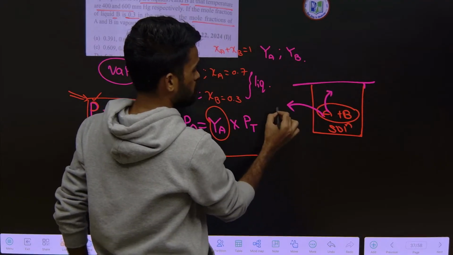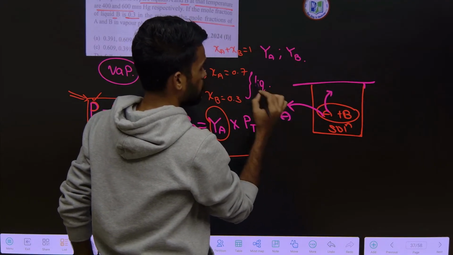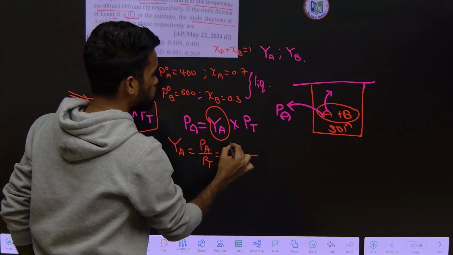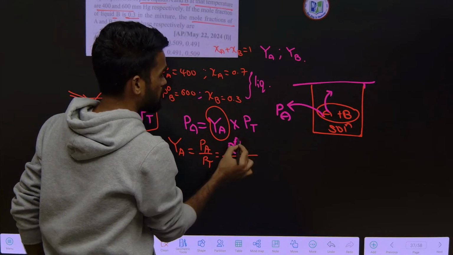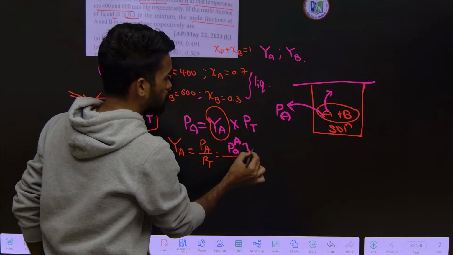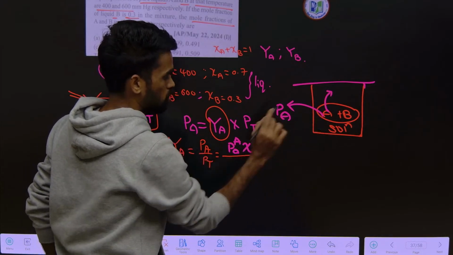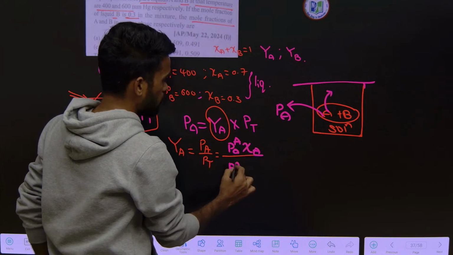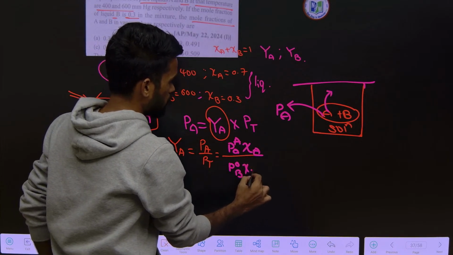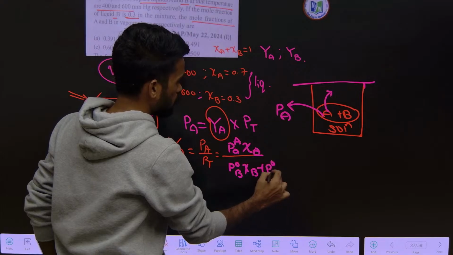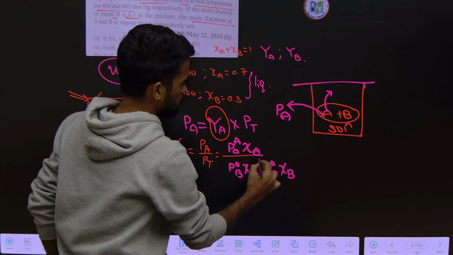That is indicated with Pa. So Pa will be equal to P naught A, the vapor pressure of pure component A, multiplied by its mole fraction of A in this solution. Similarly, the total is P naught B chi B plus P naught A chi A. That's it. We are done with this.